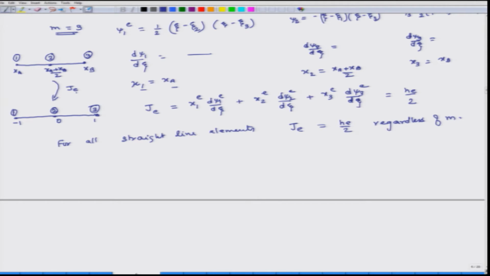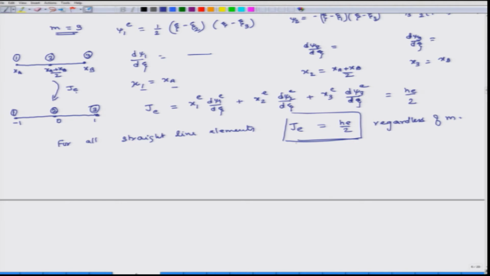But if there are curved elements involved, then J is changing. It depends on the value of m. But for all straight elements, J is equal to h e over 2. Okay, this is important to note.